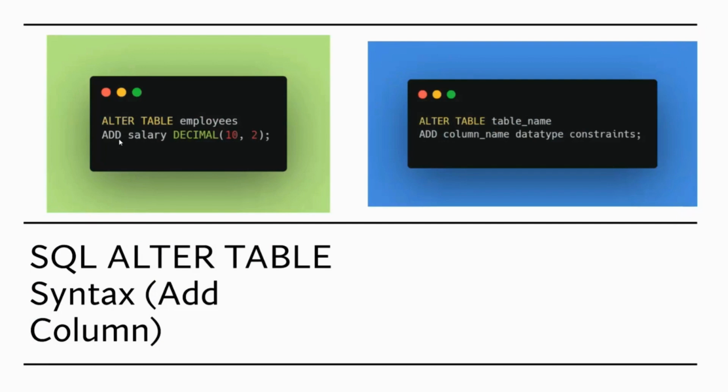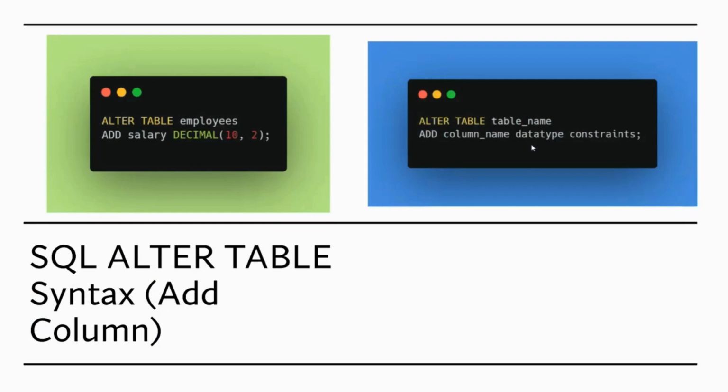Previously, for creating, the syntax was CREATE TABLE with the name, and within the parentheses you pass the columns. Here we need to give the exact thing, for example column name and data type.